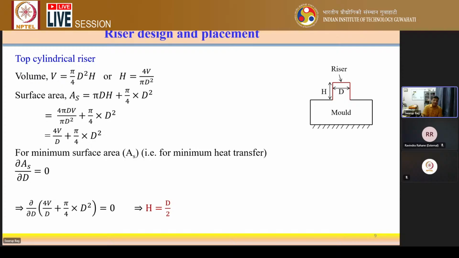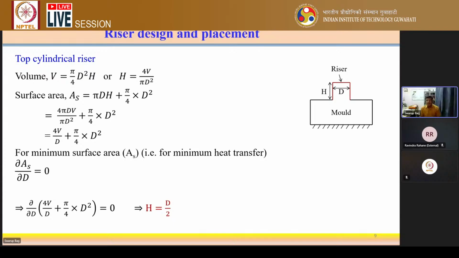That means heat loss is minimized using the minimum surface area for the cylindrical surface. We assume the volume is pi by 4 d square h, and then we calculate the surface area responsible for the heat loss, and then minimize the surface area. Once you minimize the surface area, we can minimize the heat loss such that the material stays molten as compared to the mold cavity.